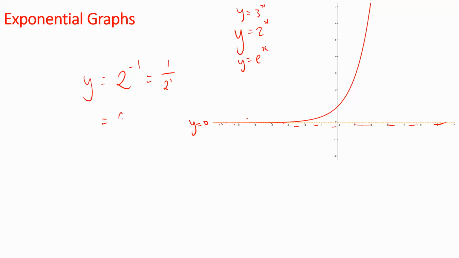So if I change it now to 2 to the power of negative 2, this becomes 1 over 4, which is 2 squared. What you can see is if I continue on the x-axis in the negative direction, the larger the number becomes. If it's 2 to the power of 10, which means it's negative 10 here, then you get a larger denominator.